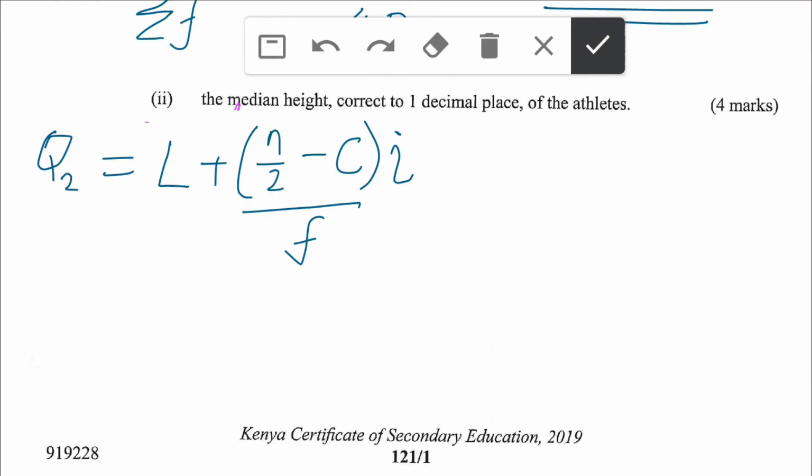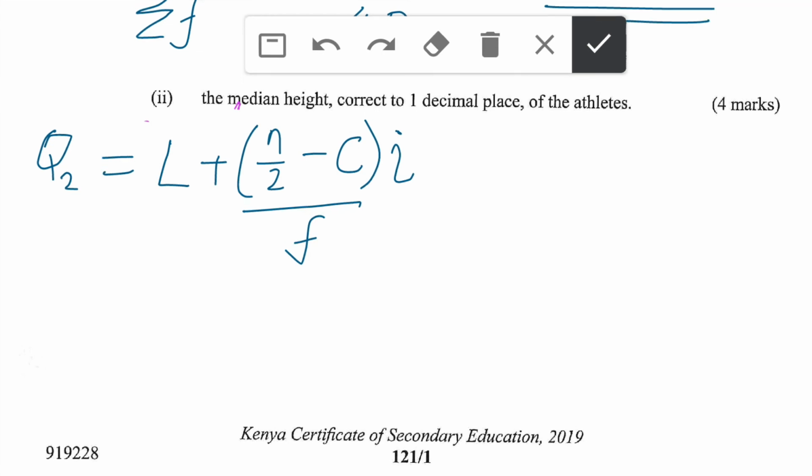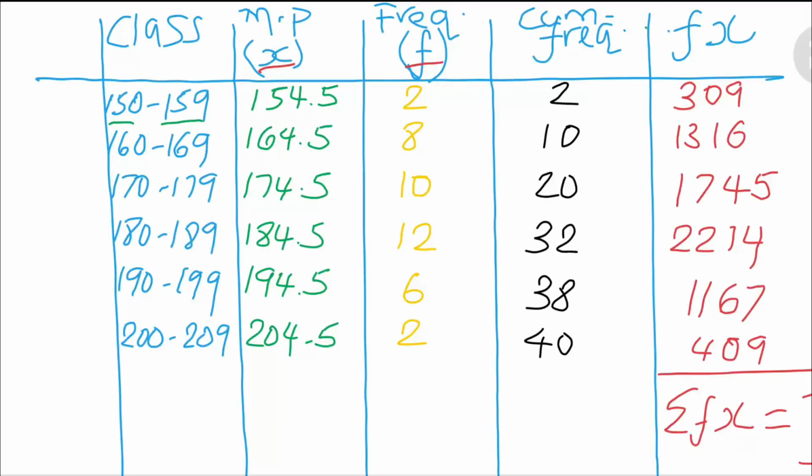So we have just observed a few trends. First, we need to establish the median class. And what we usually do, we can get a rough estimation by doing n over 2. N over 2 will simply be 40 over 2, and that will be 20.